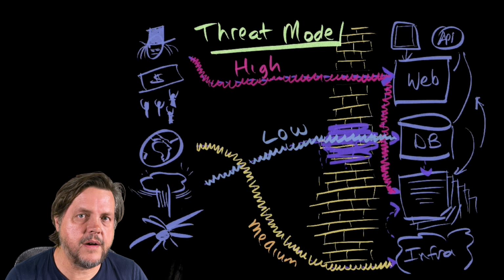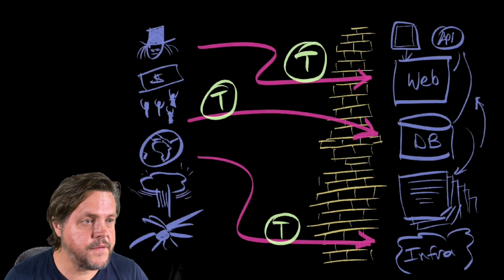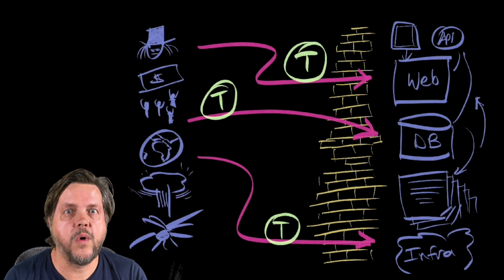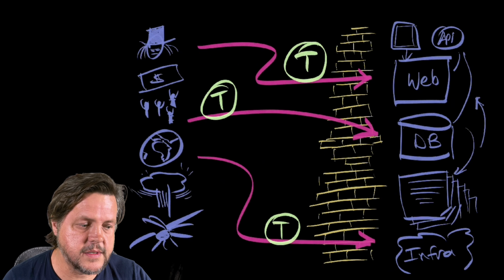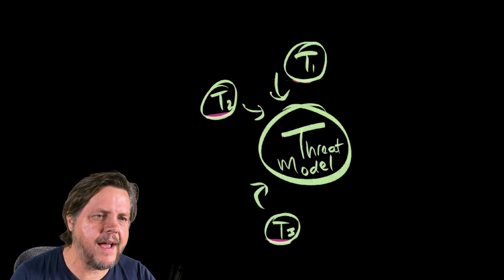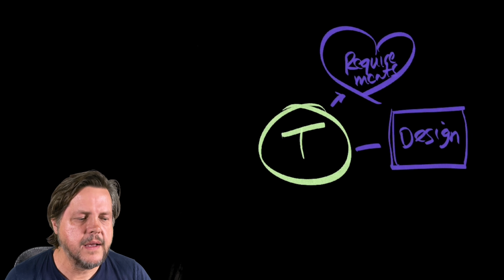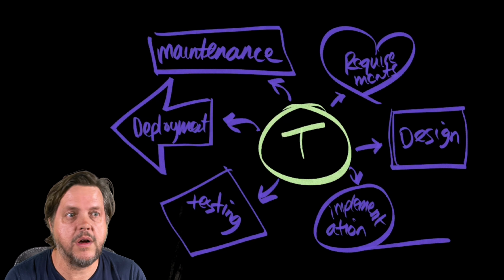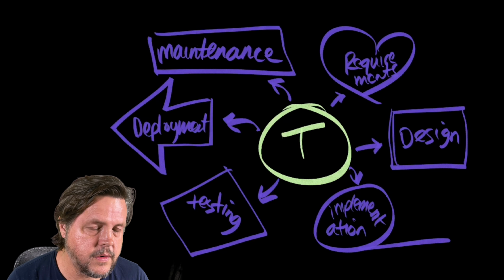Then we have our threat model. This is a fantastic way to communicate to your company, to your people, what could potentially happen to our systems. Once we have our threat model, the question is, how do we make that our own? How do we bring that into the company so that it forms an integral part of every aspect of your business?